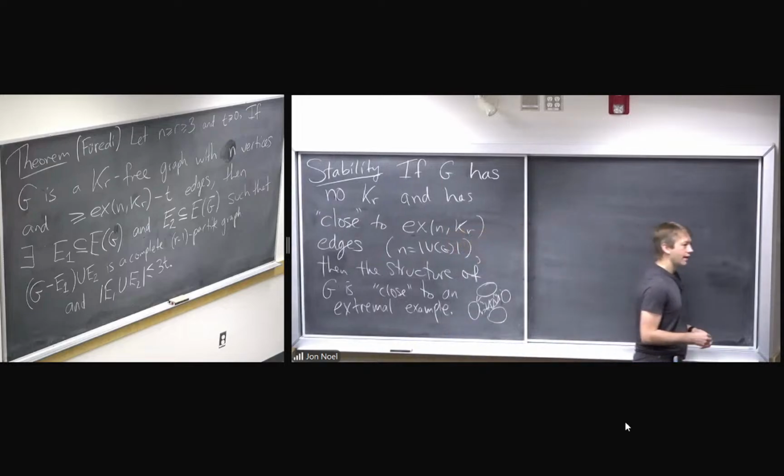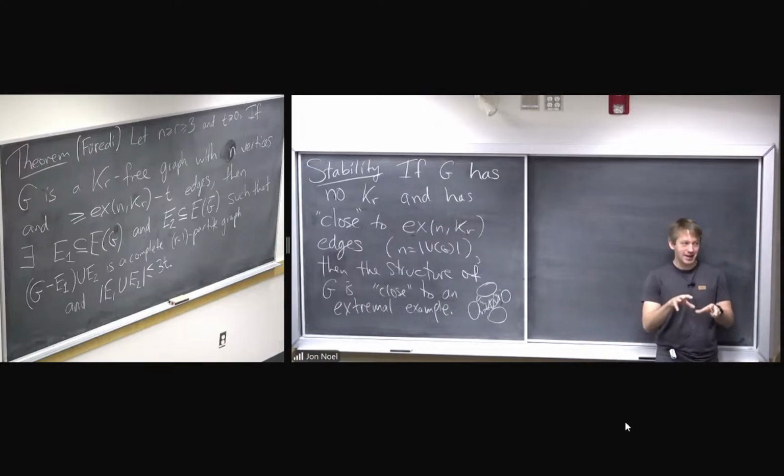That's actually a really good question. Remember, our real extremal example is (r-1)-partite, and all the parts have roughly the same size. I'm not going to claim here that the parts have roughly the same size.